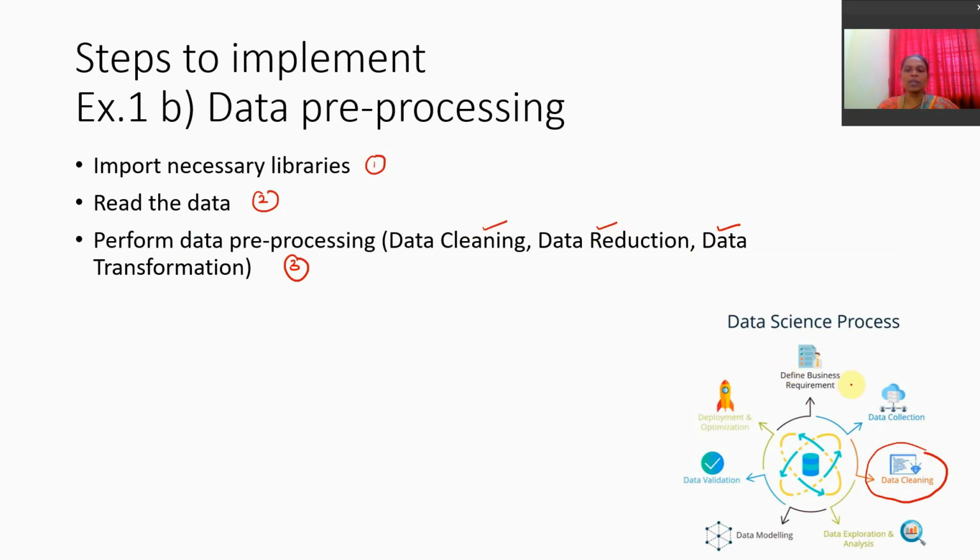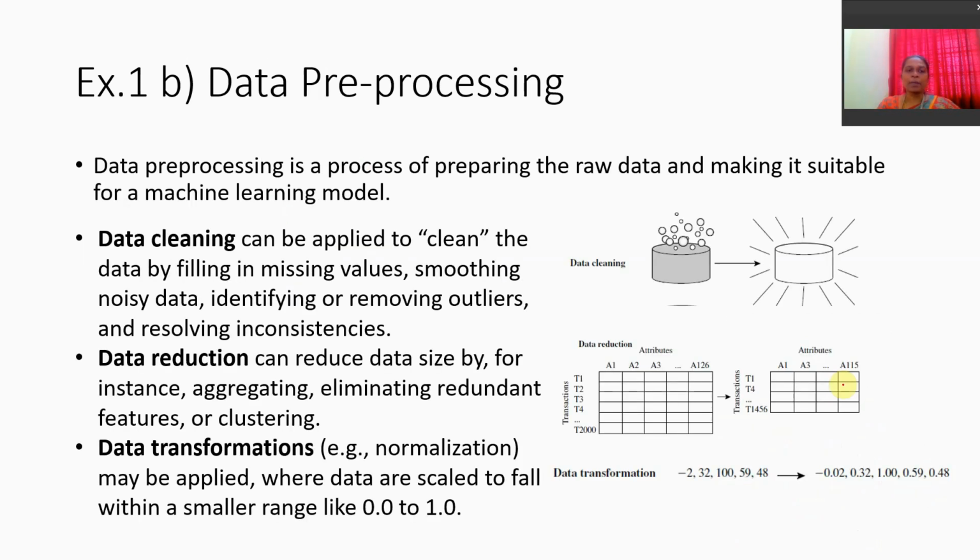So the data need to be pre-processed by cleaning or reducing the unwanted rows and columns and transforming with a normalization or scalar method so that the data can be fed into a machine learning model for further analysis. Data pre-processing is a process which prepares your raw data so that it is suitable for your machine learning model.